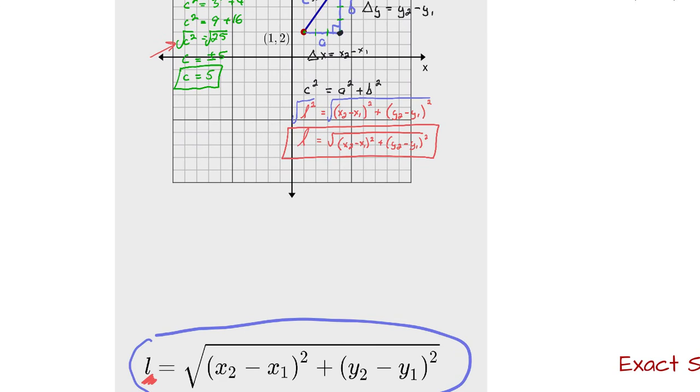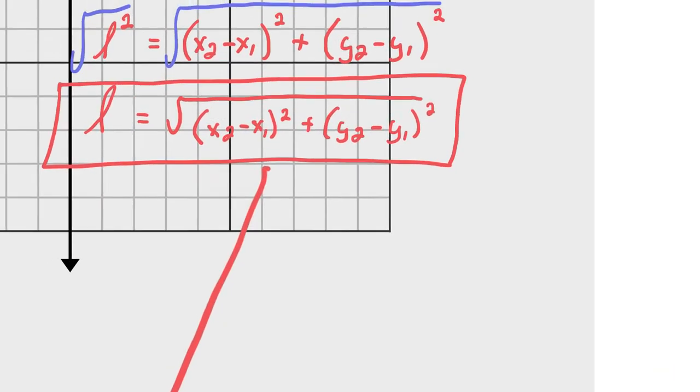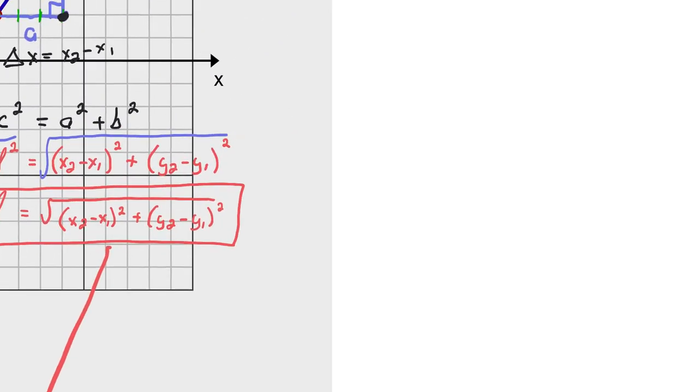And that didn't take too long at all. We went from two coordinates on a grid to the Pythagorean theorem to the length formula. So it's the change of x plus the change of y. Both values are squared and square rooted.